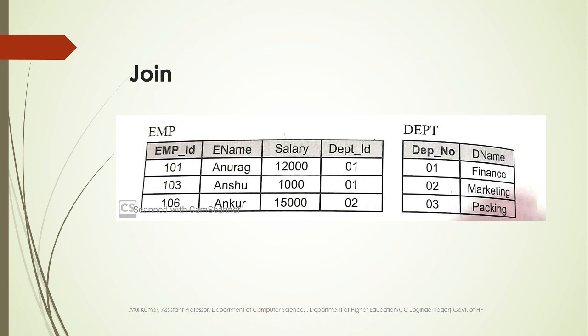So suppose we have two relations, one is the employee relation and the other is the department relation. The employee relation has attributes employee id, employee name, salary, and department id, and the department relation has attributes department number and department name. We will apply a join on these two relations.